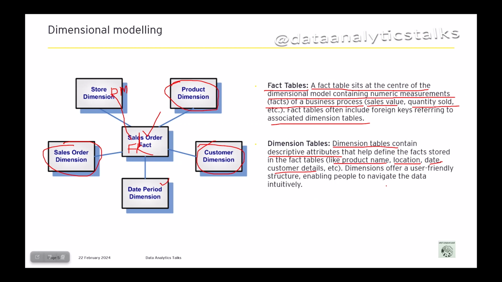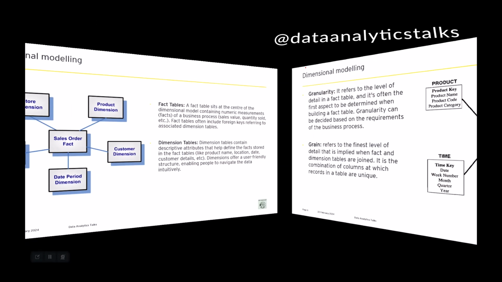So dimensions offer a user-friendly structure enabling people to navigate the data intuitively. The two major components of any dimensional model are fact table and dimension table. The fact table carries the measurable fields and the dimension table carries the descriptive part of it.